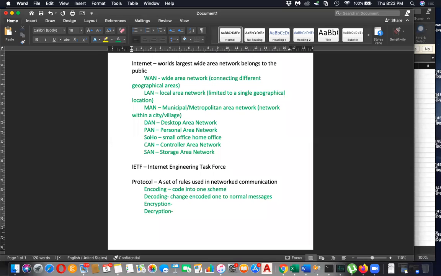Encryption means converting plain text to ciphertext. Plain text means readable text. Ciphertext means unreadable, a secret message.